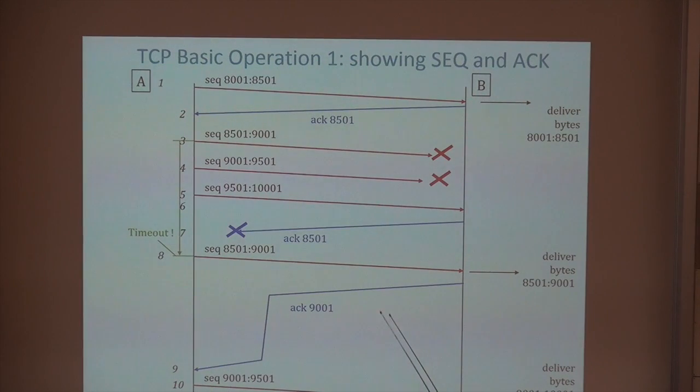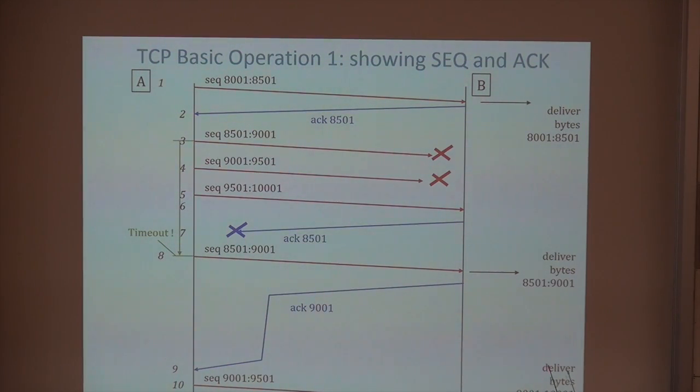So, for example, on the top, we see A is sending 500 bytes of data. They are numbered. So there is a sequence number, which is in the TCP header, which is 8,000 to 8,500. Now, the TCP folklore always adds 1. So the first byte is 8001. The last byte is 8500. But in TCP, we always put the next expected number, so that we take the difference and we have the length.